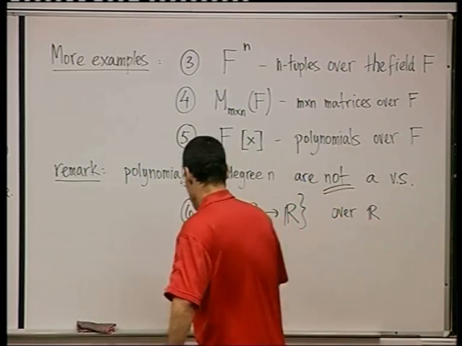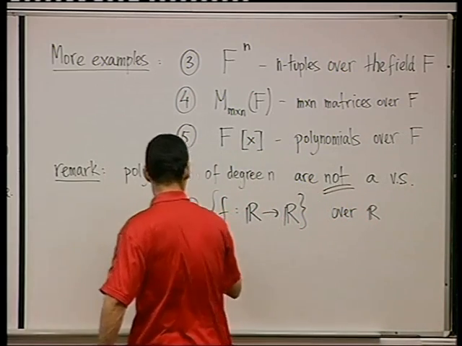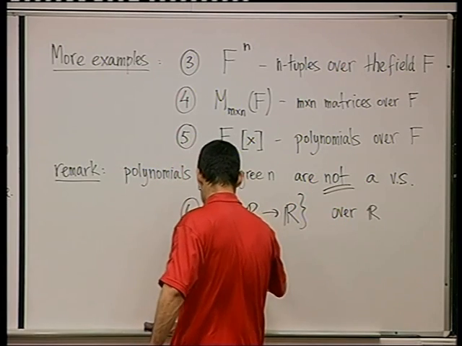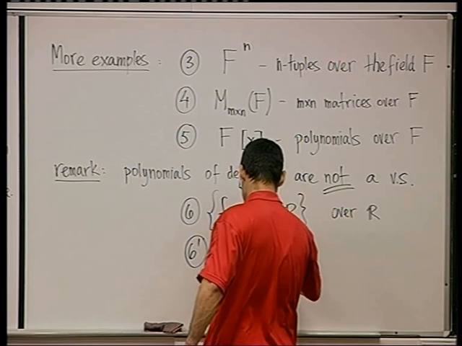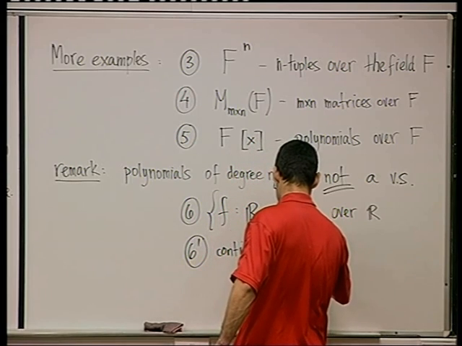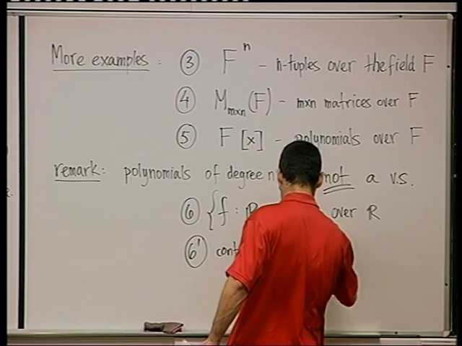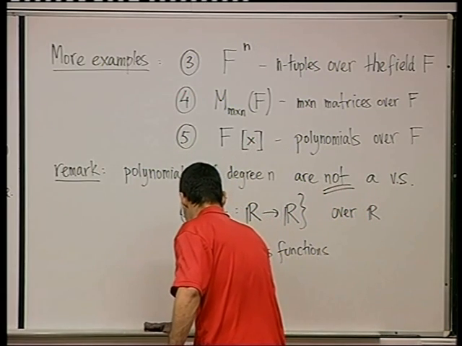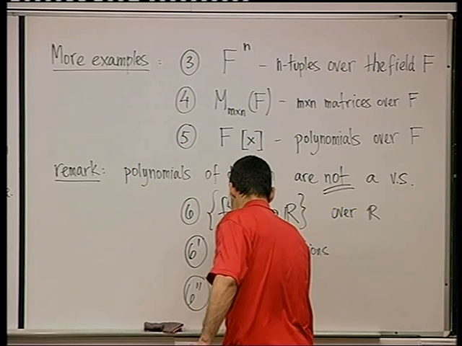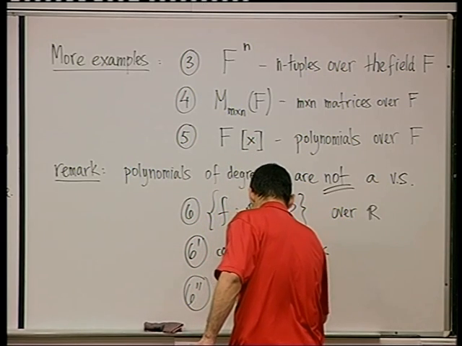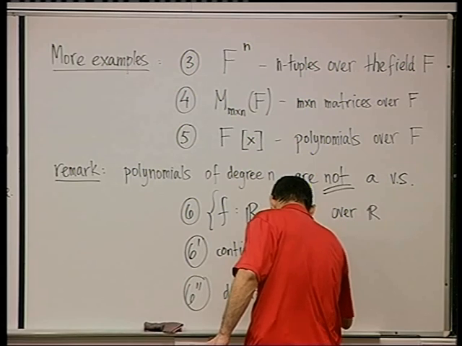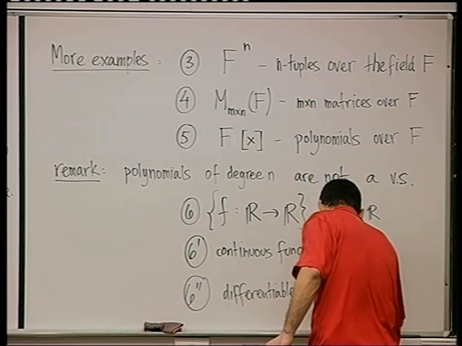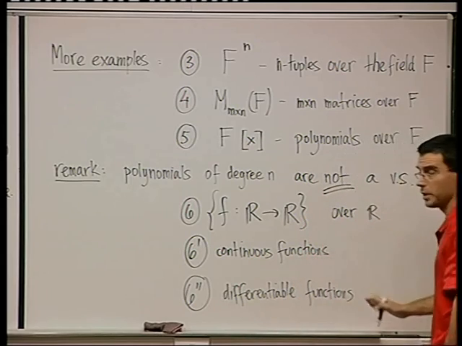Okay? So let's maybe call this 6 prime, continuous functions, and let's call it 6 prime prime, differentiable functions. If these words don't mean enough to you at the moment, don't worry about it.